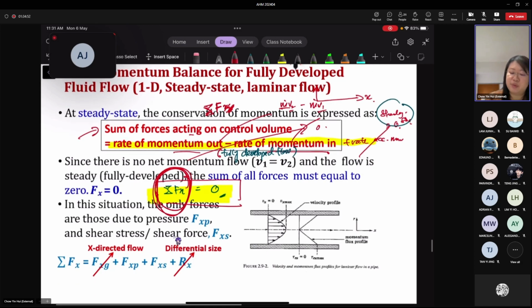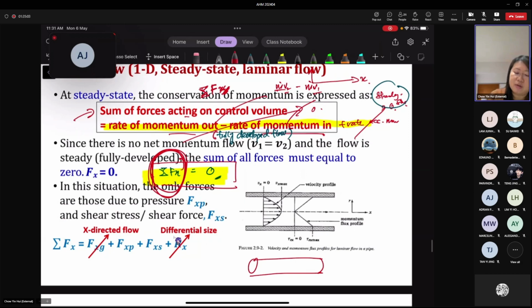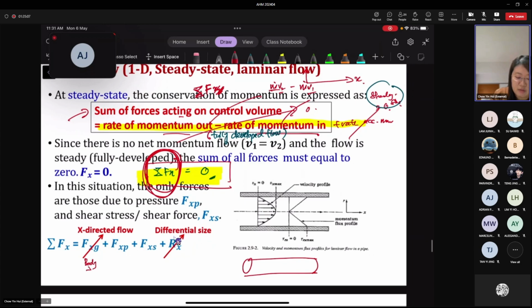Now, for one-dimensional fluid flow in the x direction, for the sum of forces we have the body force, pressure force, shear force, and the solid surface force.